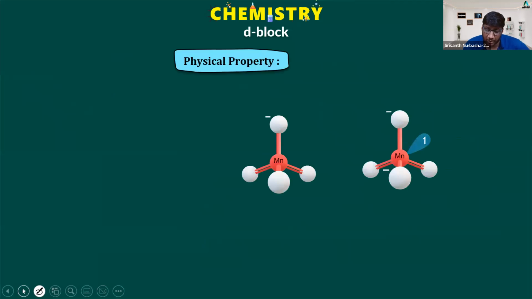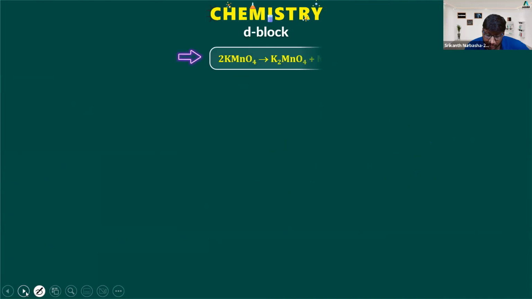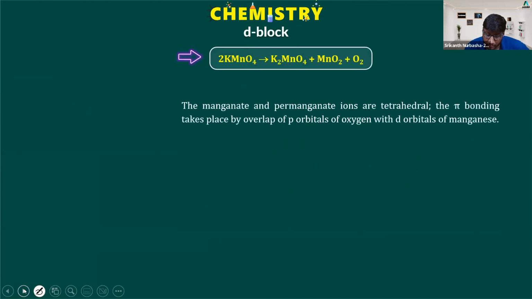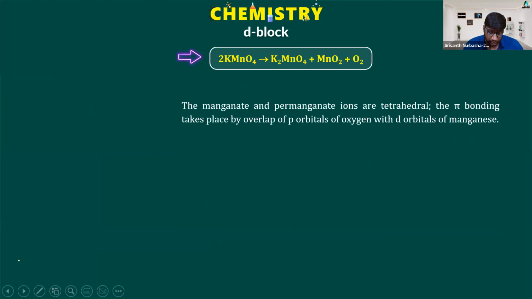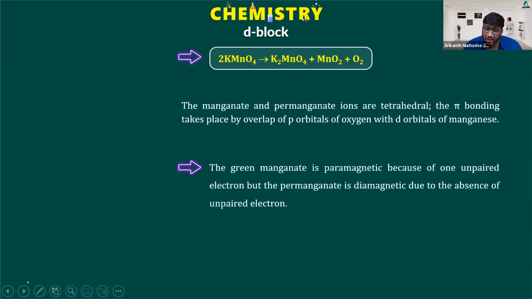If you look at the physical properties of MnO4 minus and MnO4 2 minus, write this down, all of you. The manganate and permanganate ions are tetrahedral in nature.